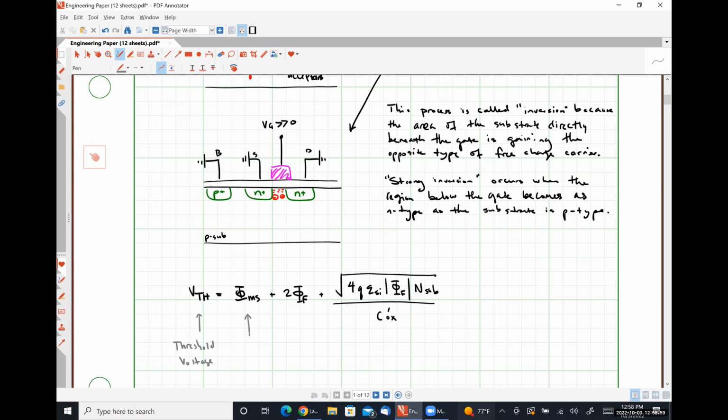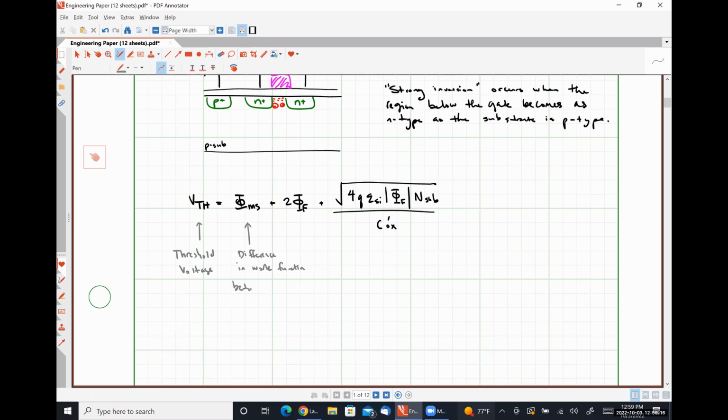Phi ms is the difference in work function between the metal, and this is our polysilicon gate, and our semiconductor, which in this case is our P-type substrate.